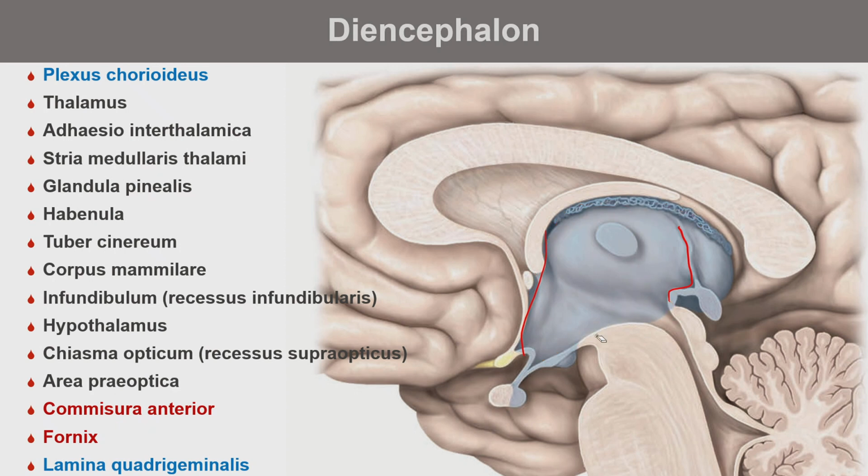Then the third ventricle has some different processes. The most important is a ventral process, which has two parts. One is here, and this is a supraoptic, and this is infundibular.